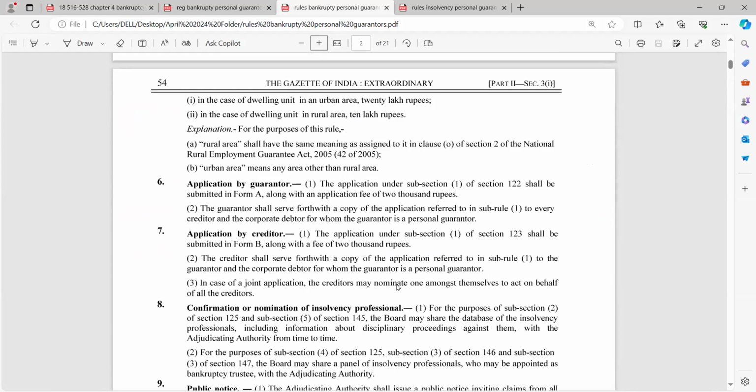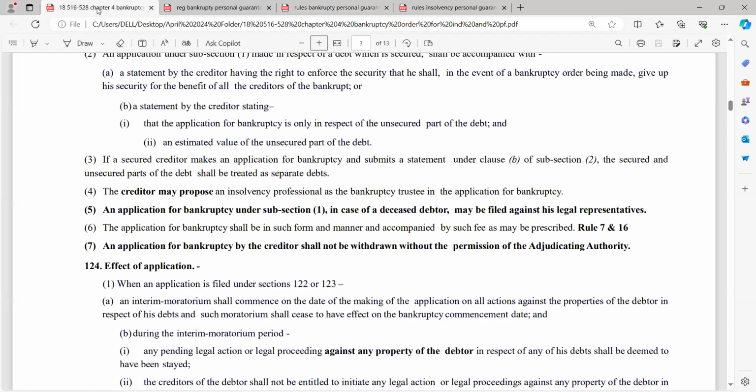And in case of joint application, the creditors may nominate one amongst themselves to act on behalf of all the creditors. The creditor may propose. So in both the cases, the debtor or the creditor, they may propose, they may not. That means they can file the application themselves also. The word used is may, not shall.